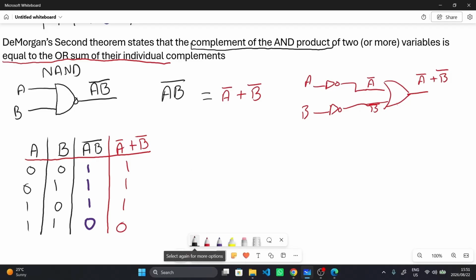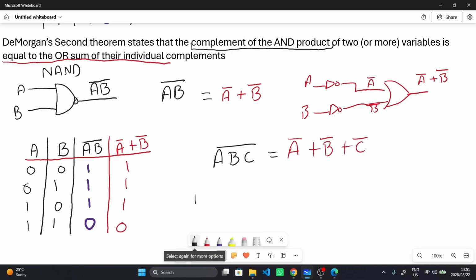And similarly, it can have multiple inputs and it will still work the same. So for example, if you have A times B times C, you can still use DeMorgan's theorem on this, and that will give you A complement plus B complement plus C complement.